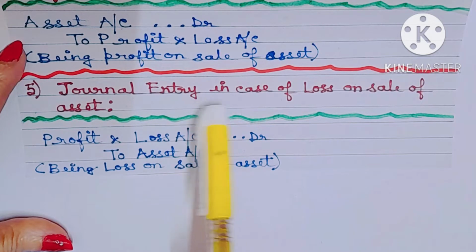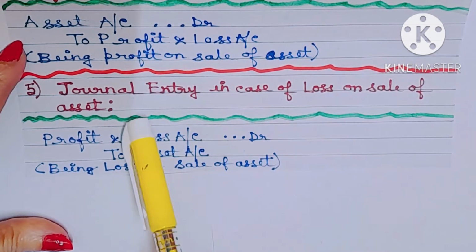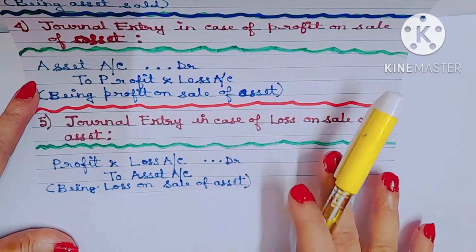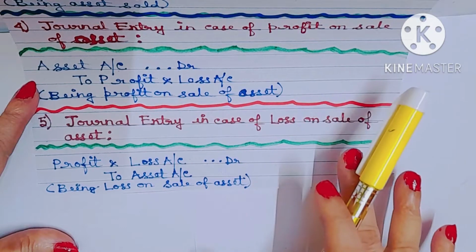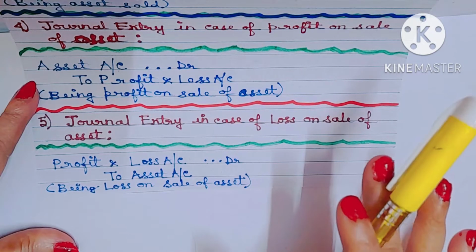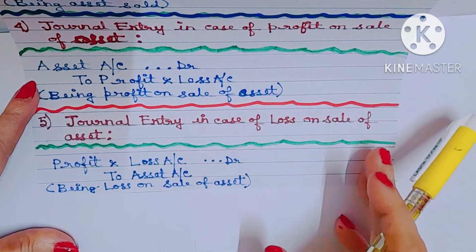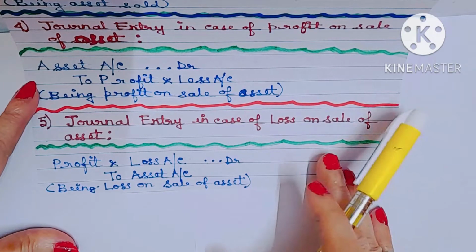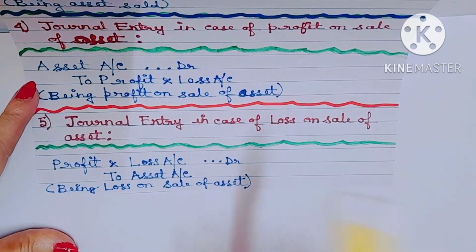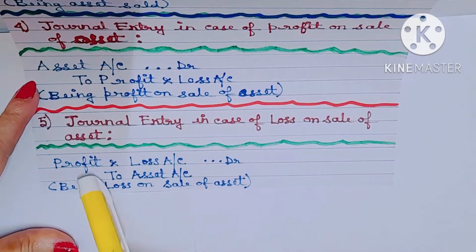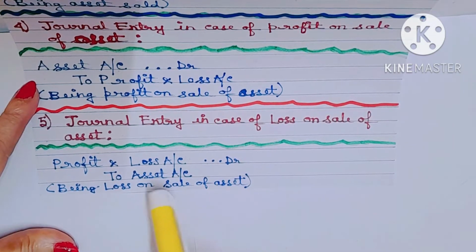The journal entry in case of loss on sale of asset. If a businessman sells an asset after 3 or 4 years or 5 years, and after selling the asset there is no profit but a loss, what will the journal entry be? The journal entry will be profit and loss account debit to asset account.